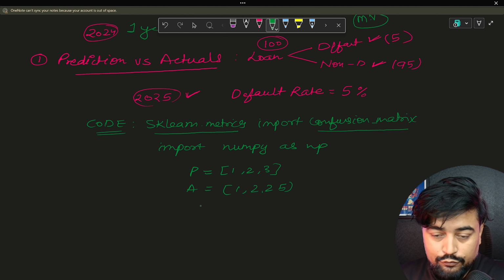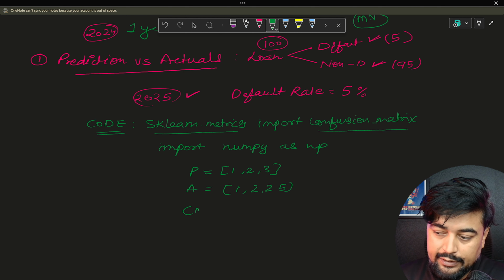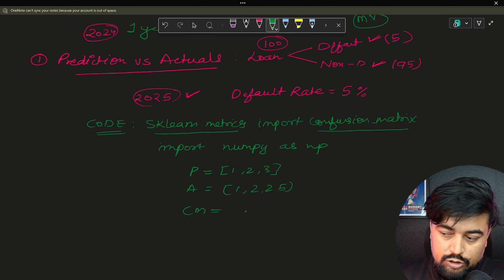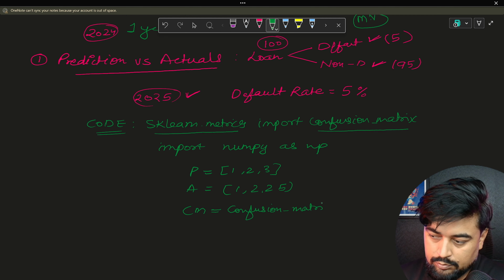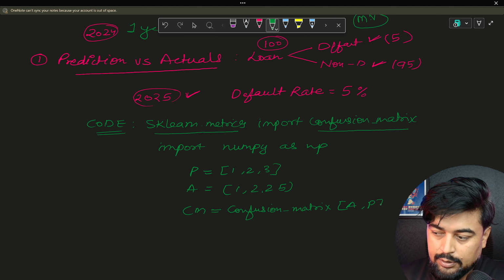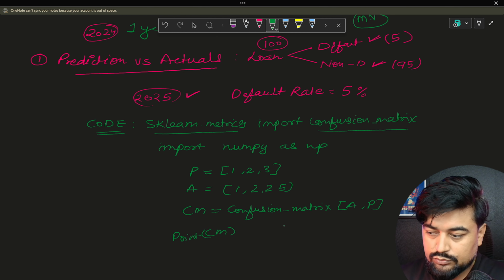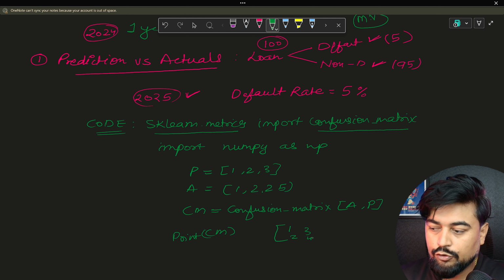Now using the confusion matrix, I will calculate another variable, cm, equal to confusion_matrix, and inside this I will give actual comma predicted, and then I will print the confusion matrix. So this will give me a confusion matrix like this, 1, 2, 3, 4, let's say.